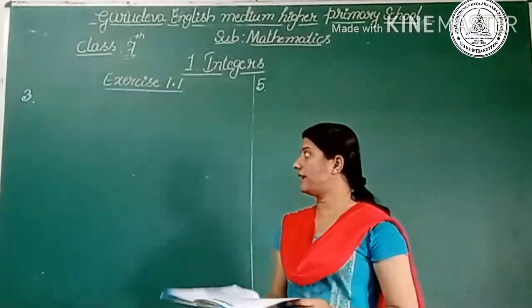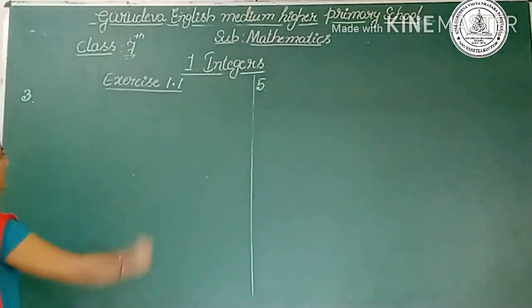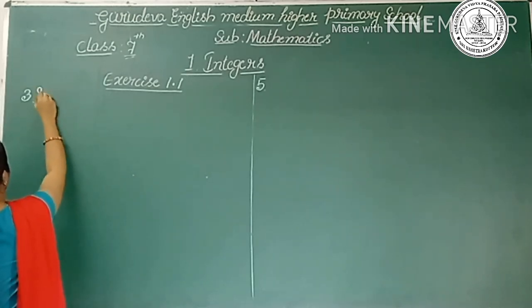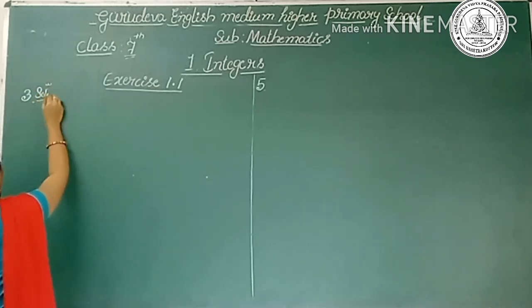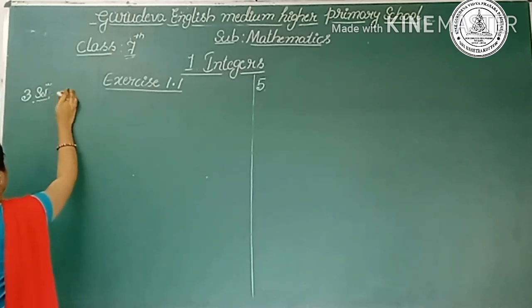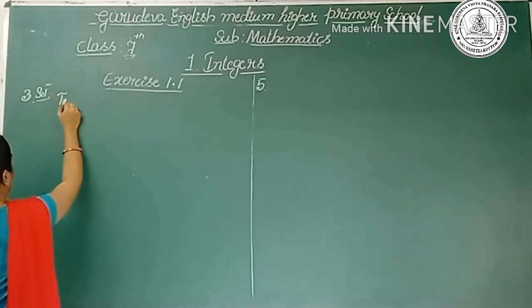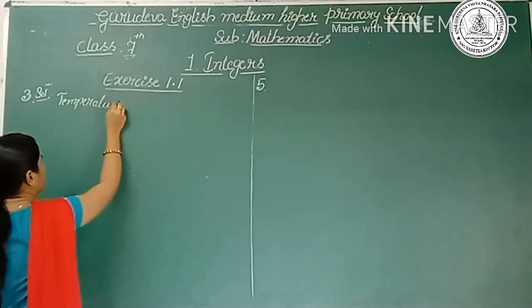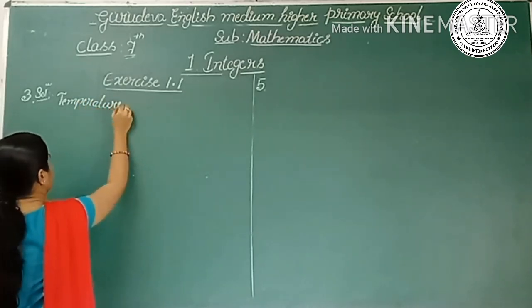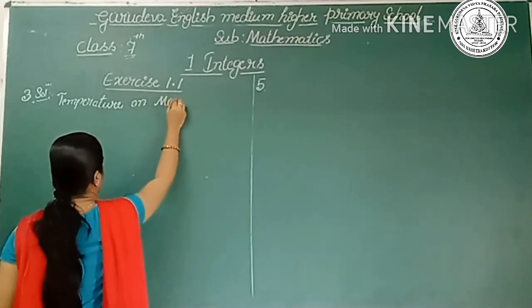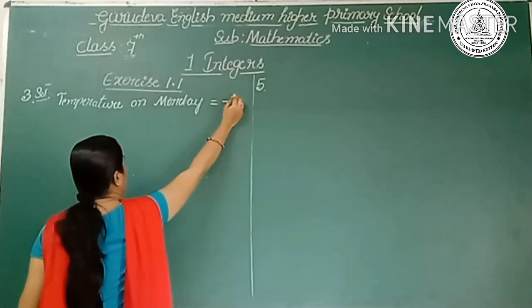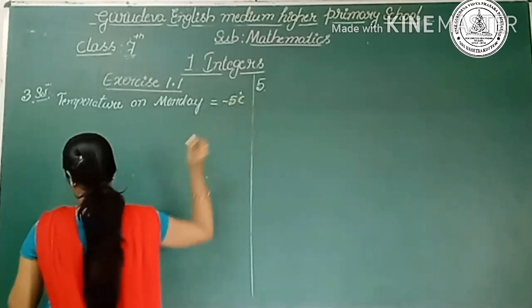Okay, let's take the solution. Write down the temperature of Srinagar on Monday. Solution. Temperature on Monday is equal to -5 degrees Celsius.